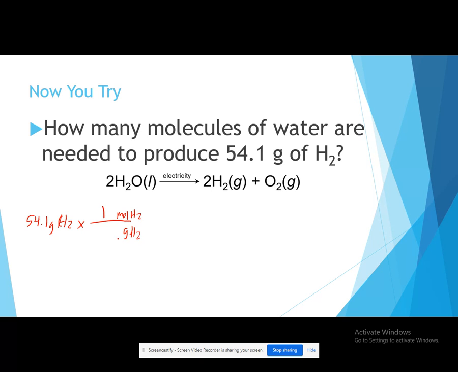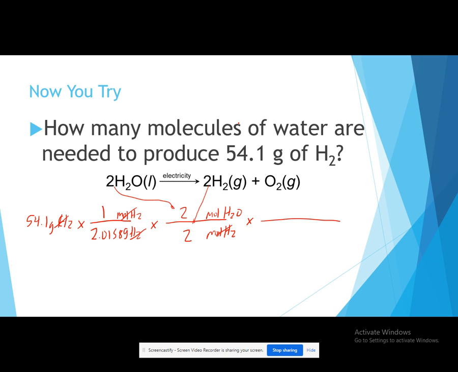So since it's molar mass, 1 mole over 2.0158 cancels out grams. Now, I want to get to water, so I have to use my mole ratio. Remember, these numbers come from this balanced equation. So 2, 2. That cancels out moles of H2.